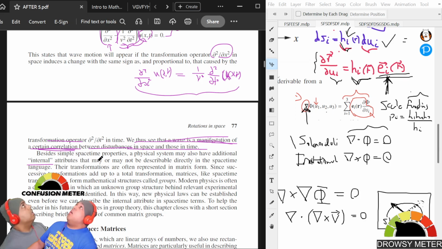There's more attributes in there. Their transformations are often represented in matrix form. So I guess you can see the internal attributes from matrices. That's what they're saying, yeah?